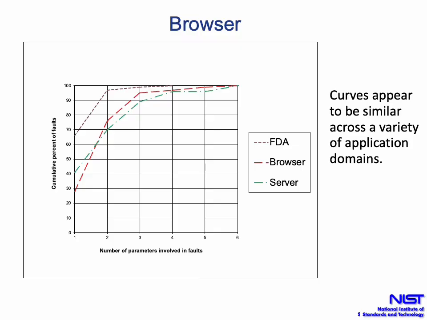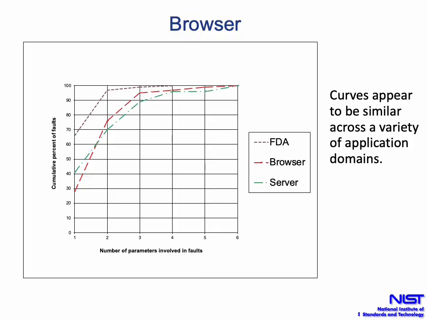Not exactly the same. In this case, less than 30% of the failures involved a single factor, and a little over 70%, about 75%, involved two factors, and 95% or so involved three factors. But we are starting to see some similarities across these applications.